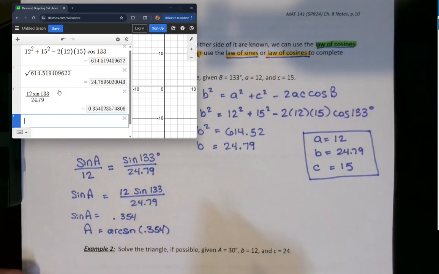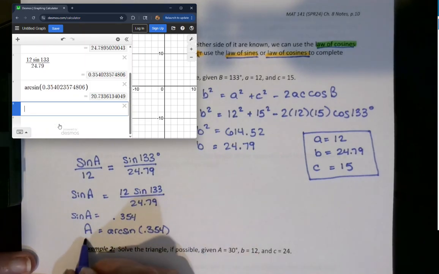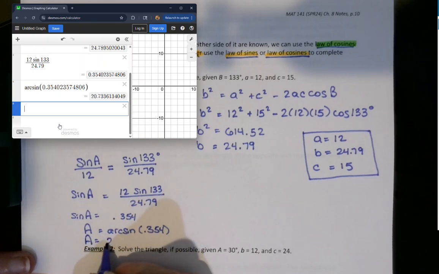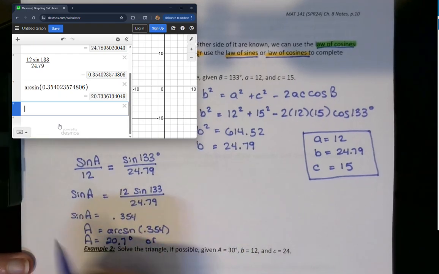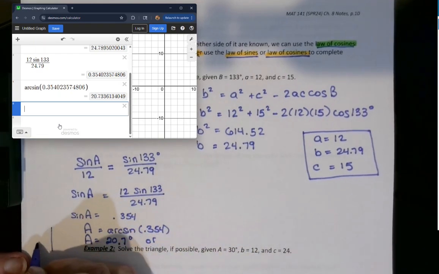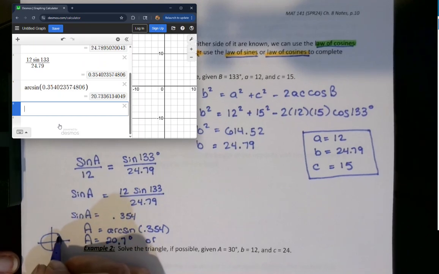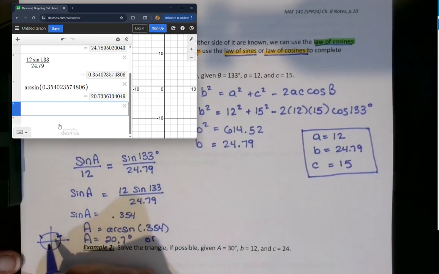And to find angle A, I'm going to take the arc sine, inverse sine function, and I'm going to go ahead and copy that value and paste it so I can just keep a few more decimal places on it. And I get an angle A of about 20.7 degrees, or, hang on a second, remember that we always have two possibilities when taking the arc sine of both sides.